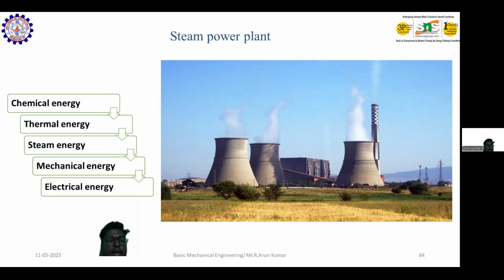The steam is then converted into mechanical energy, and that mechanical energy is converted into electric energy. These are the main focus for the steam power plant. This is the order for generating electricity in a steam power plant: first chemical energy, thermal energy and steam energy, and then the steam energy is converted into mechanical energy and electric energy. Thank you.